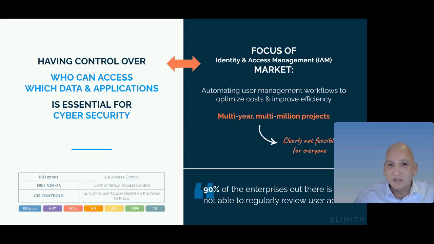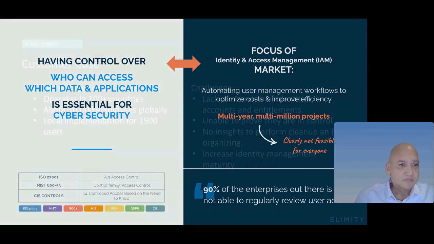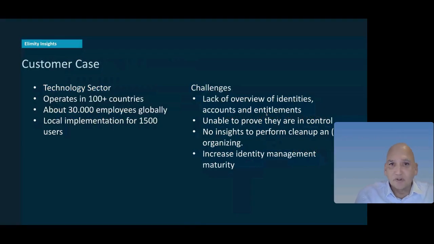So before Martin is going to explain how to get this visibility on users and their permissions, let's have a short look at two examples of challenges that Cegeka customers have and where we work with Elimity getting this process on visibility implemented. So the first customer is a technology company active in more than 100 countries. They have 30,000 employees.